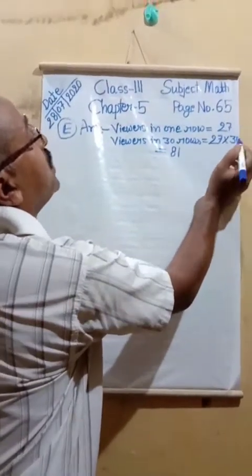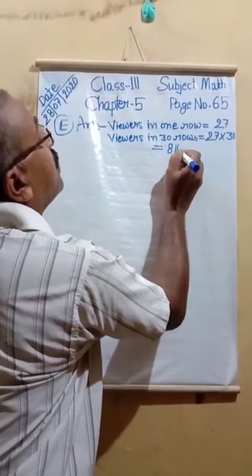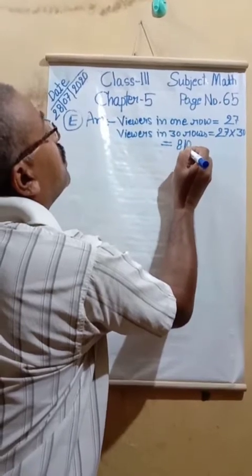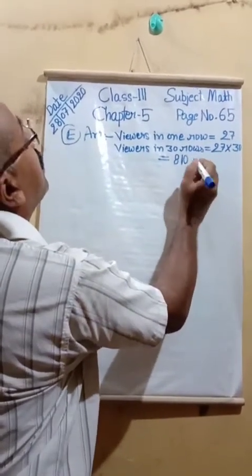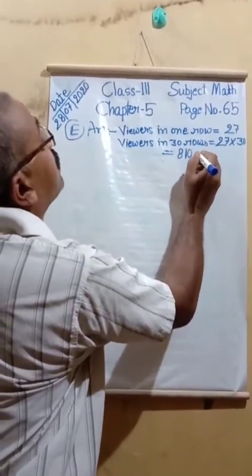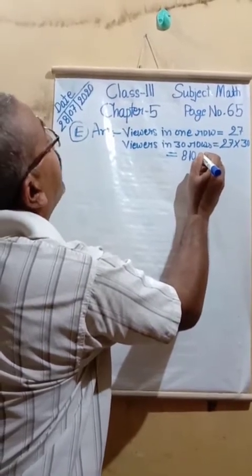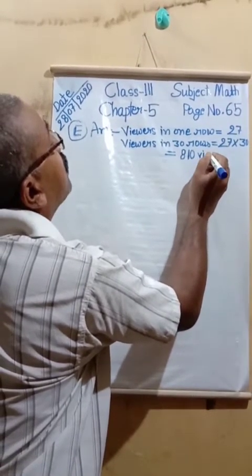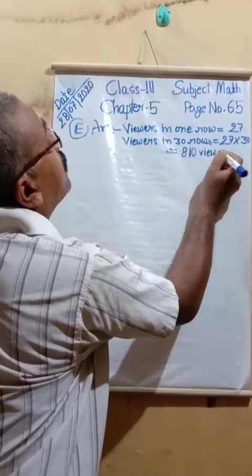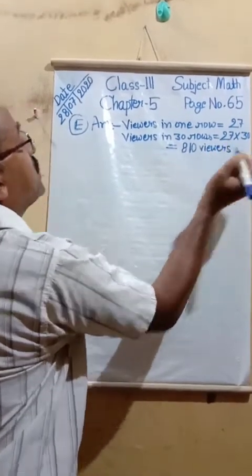Here is 10. Now we will write here 10. 810 viewers.